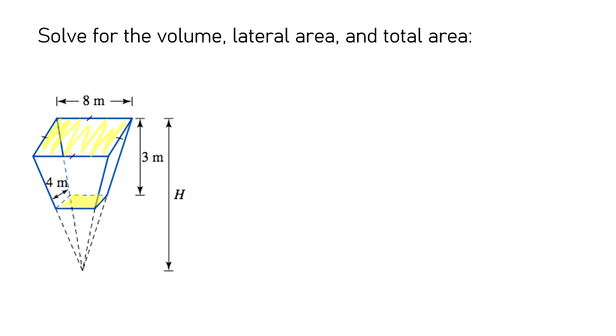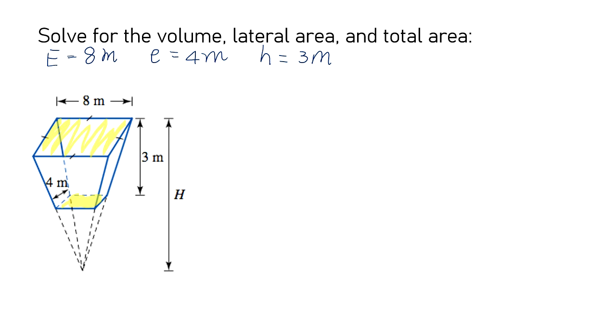So from what we see, big E or measure of the bigger base is equal to 8 meters. And small e or the edge of the smaller base is 4 meters. And our height is equal to 3 meters. However, we're not given the value for the slant height.